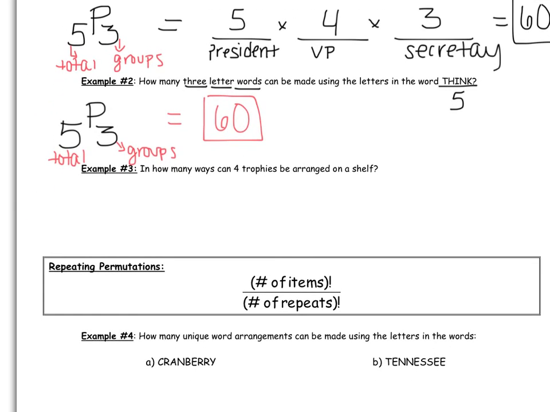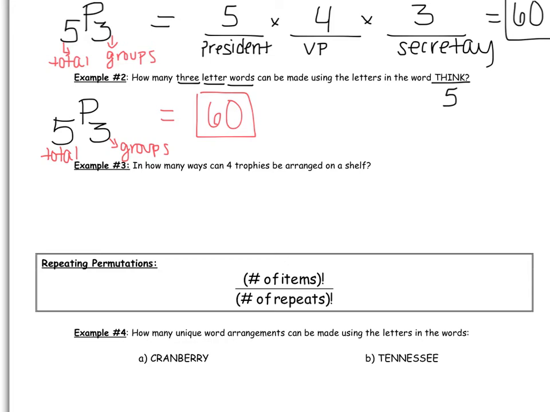So let's do the last example here. Example number 3. In how many ways can 4 trophies be arranged on a shelf? Okay, the order really does matter here. How many trophies are available for the first spot on the shelf? You're going to tell me 4. Once that first trophy is placed, how many possibilities are there for the second spot on the shelf?